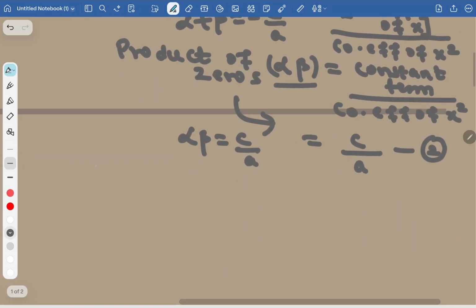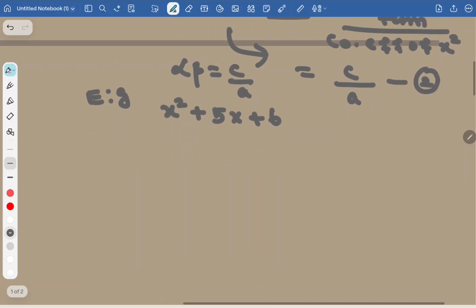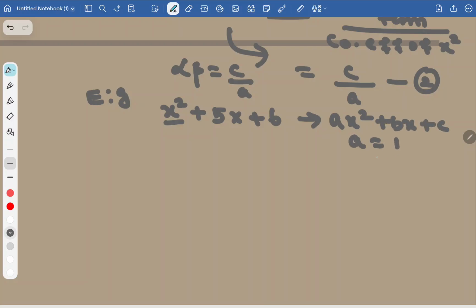One example I am going to discuss in the introduction part. I am taking one quadratic polynomial, x square plus 5x plus 6. If you compare this with ax square plus bx plus c, a is 1, b is 5, c is 6.